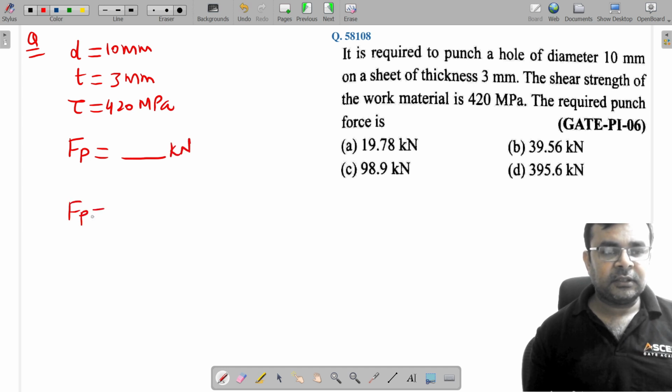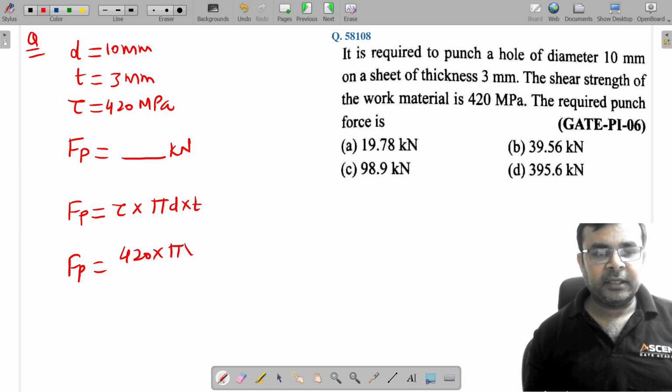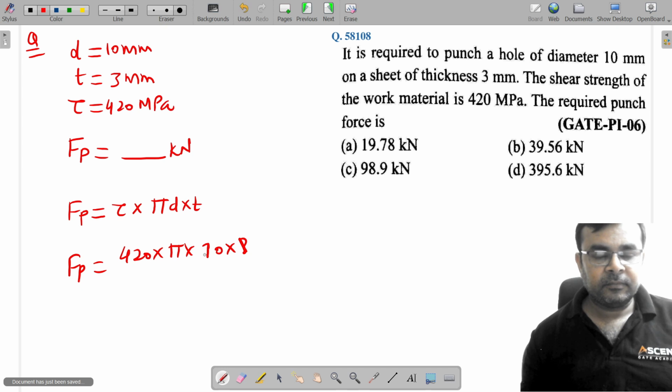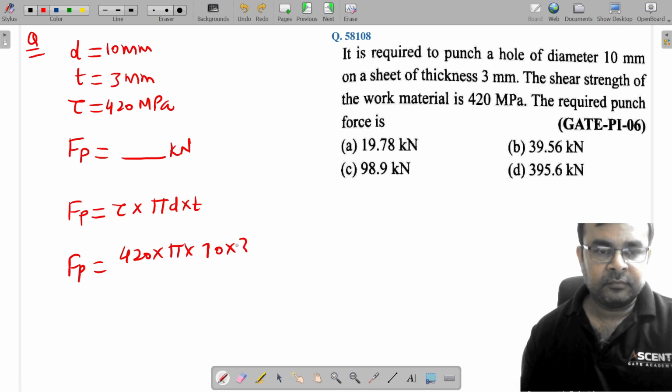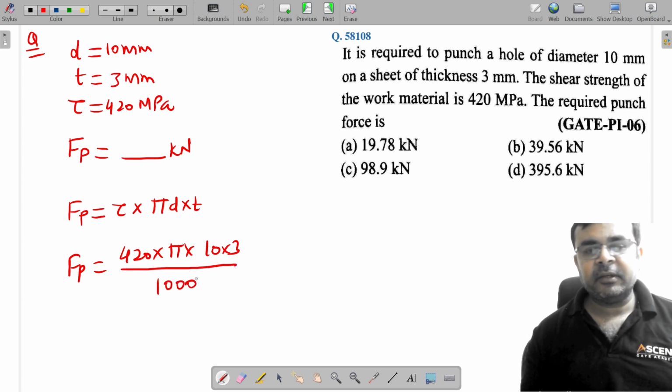So the punch force is shear strength into shear area, that is pi d into T. So simply you get here 420 into pi into 10 into 3, correct? Divided by 1000. Why am I dividing by 1000?